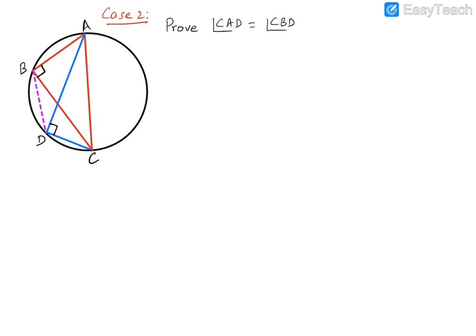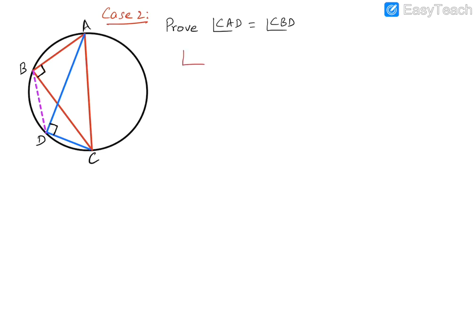Now with this construction, how can we prove that the angle CAD is equal to angle CBD? So clearly, first of all, we have angle ABC as 90 degrees and the angle ADC as also 90 degrees because these are both angles subtended in a semicircle. We have the segment AC as the semicircle because AC is the diameter here. So this segment AC of the circle is a semicircle, and the angles subtended by the semicircle, which are angle ABC and also angle ADC, are both equal to 90 degrees.